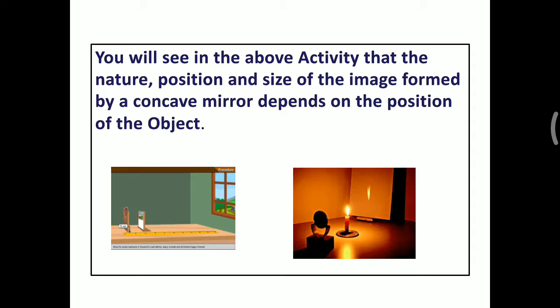So the position of the object varies from one diagram to another. And see the nature. The nature is nothing but whether it is virtual and erect, or real and inverted. Here the image is real and inverted. So the concave mirror forms a real and inverted image. What is the size? The size is enlarged.